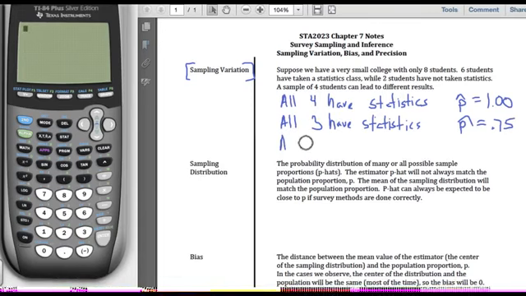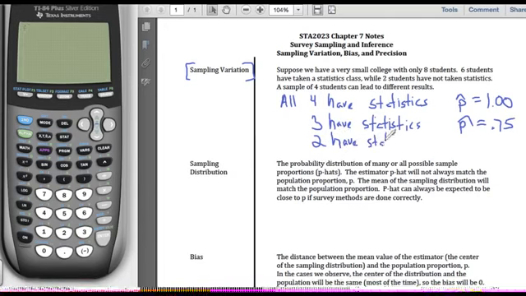Sorry, it shouldn't say all, it should just say 3. Here, say 2 have statistics and 2 don't. My P hat would be 0.5, 0.50, or 50%.